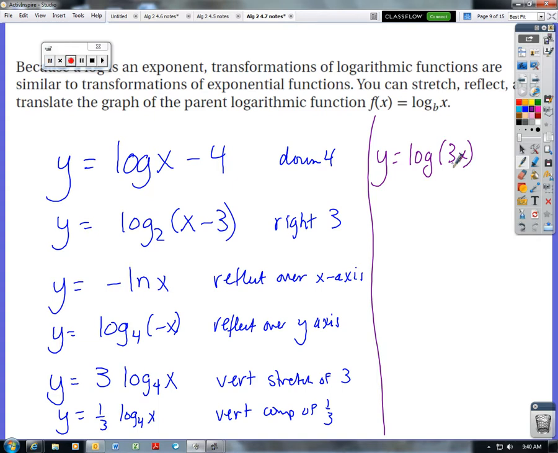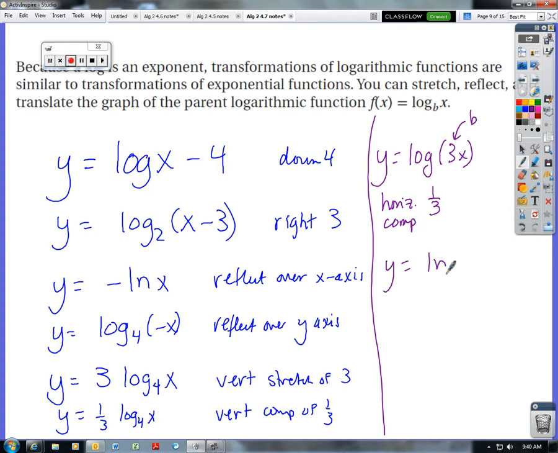Because you have to be so careful with these ones, this is a horizontal change, and it's actually 1 over b, like think of this as the b. So it's actually 1/3, so it's a horizontal compression by 1/3.